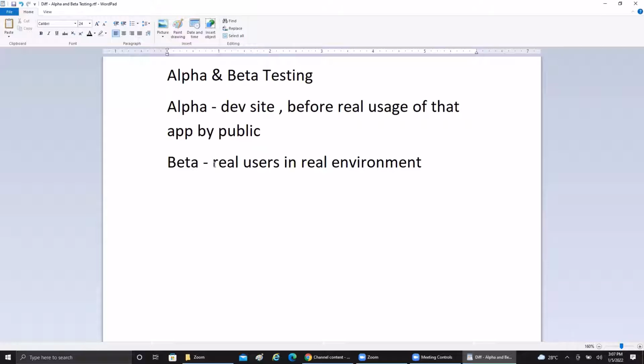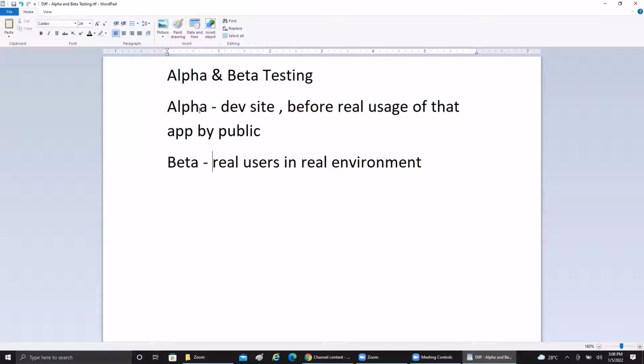Say there is a developer and testing team developing and testing that product, which falls under alpha. After they finish, the client, I mean the owner of that product, their side, the employees of that organization, will be testing it in their real environment to see whether it is meeting the expectations it was designed for.